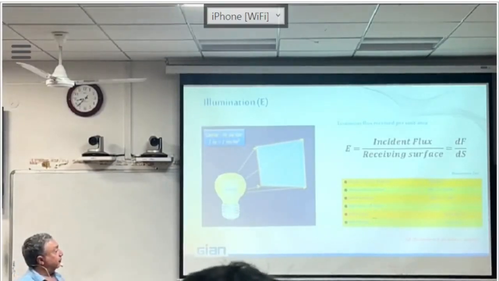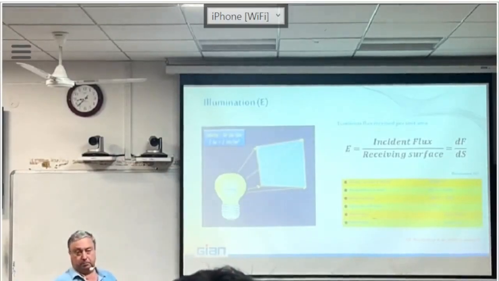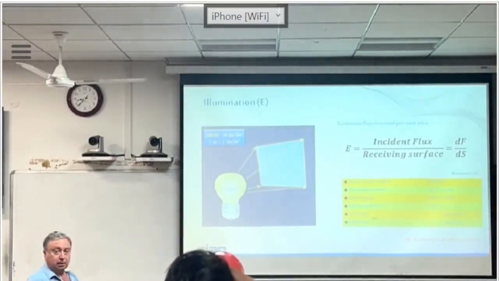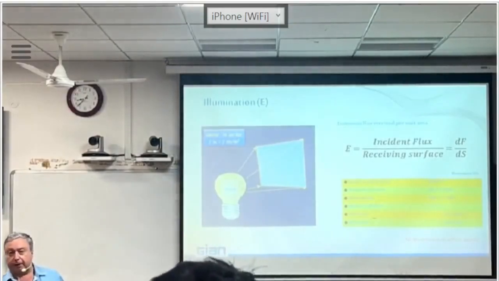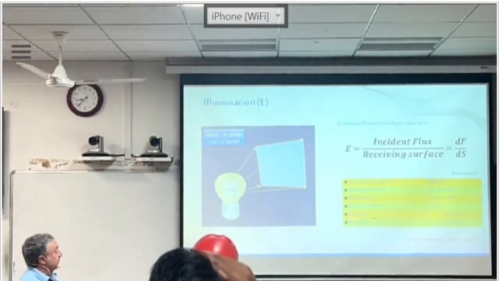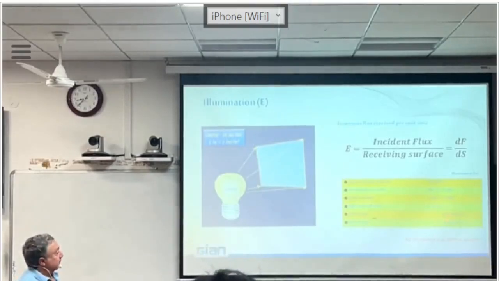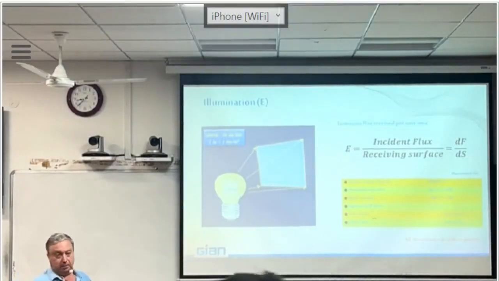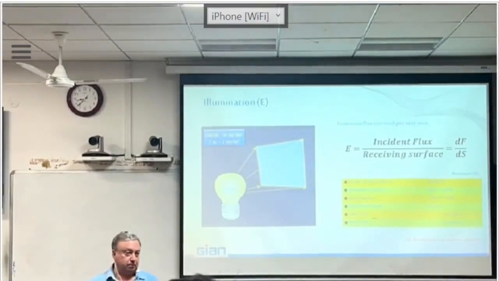The night with full moon, 1/4 of a lux. But we still see very well, and we consider that it's very romantic. In a well-lit room, like here, we have some 100 lux. And a well-lit street, some tens of lux. Even less.